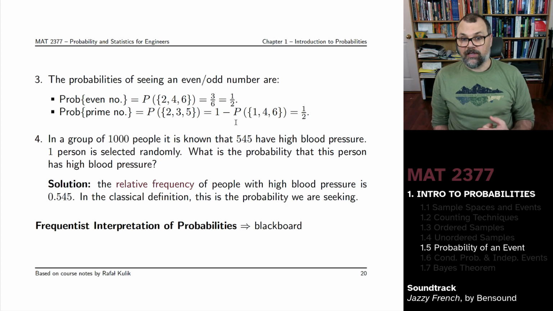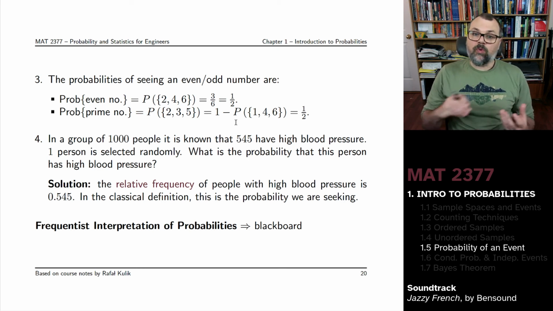What's the probability that this person has high blood pressure? Well, if you use the classical definition of probability, the frequentist approach, you are just looking for the relative frequency of people with high blood pressure, 54.5%. And that would be the probability that you're looking for, right?